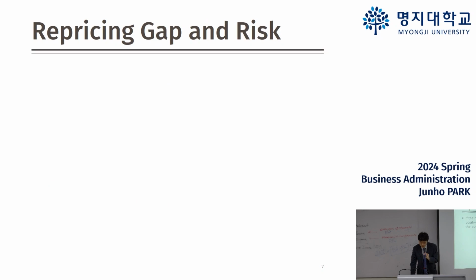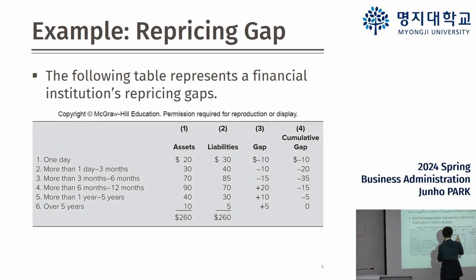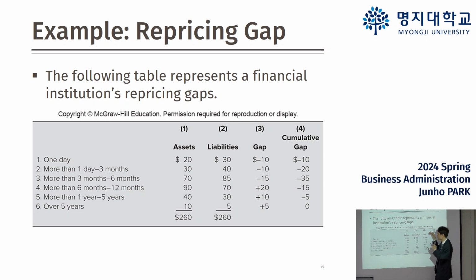So here in the previous table, the repricing gap for the first bucket, the maturity less than 1 year, was negative 10.